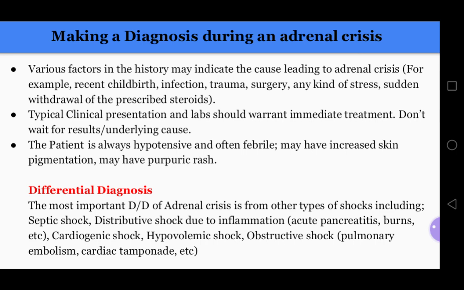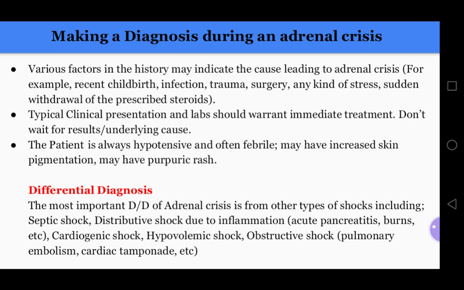Typical clinical presentation will guide you, and labs should not delay immediate treatment. Don't wait for the test results or identifying the underlying cause. Start treatment. The patient is always hypotensive and often febrile, may have increased skin pigmentation, and may have a purpuric rash in case of meningococcus septicemia.